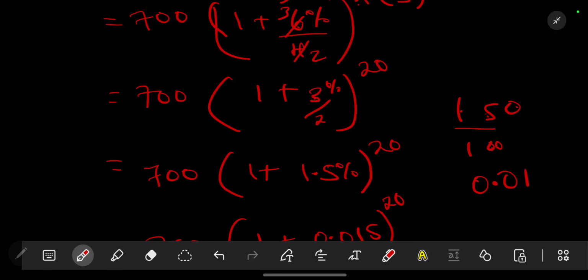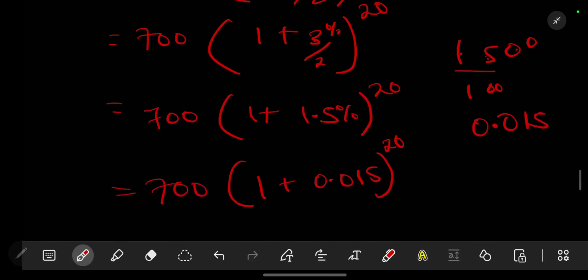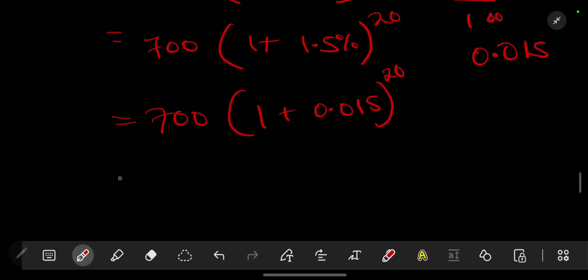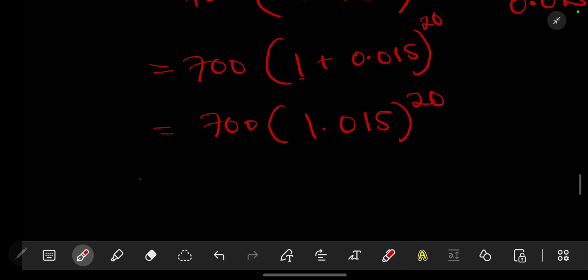The remainder will be 50. 50, add a 0. 500 divided by 5 is this value. So we are going to get 700 times 1 plus this, which gives us 1.015 to the power of 20. So this is our value for that problem.